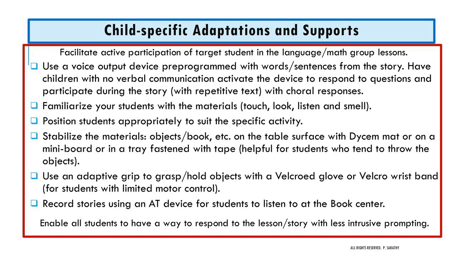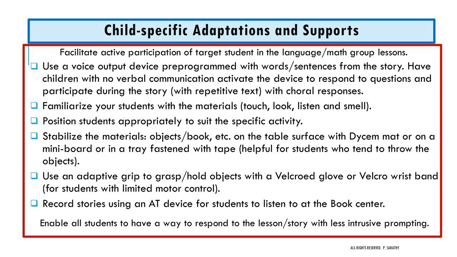So, the next thing is to stabilize the materials. One of the things that happens when students are sitting around the table, and this may be a student who may or may not be using a wheelchair, and they are writing or drawing on the table, it is important to make sure the materials do not move.